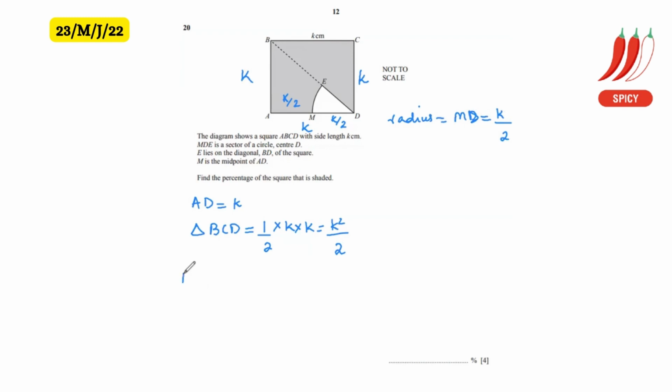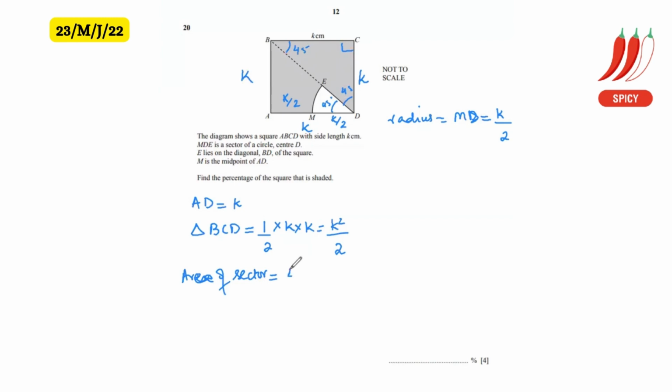Now, area of sector would be this angle divided by 360. Now, what would this angle be? We don't know that yet. But what we know is that BC equals CD, which means it's an isosceles right angle triangle. So since this is 90 and these two lengths are same, this would be 45 and this would be 45, which means this would also be 45.